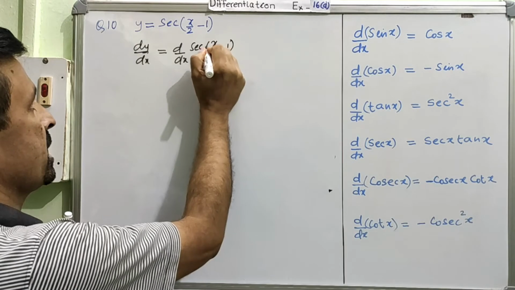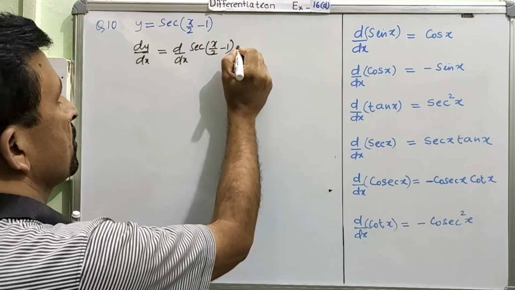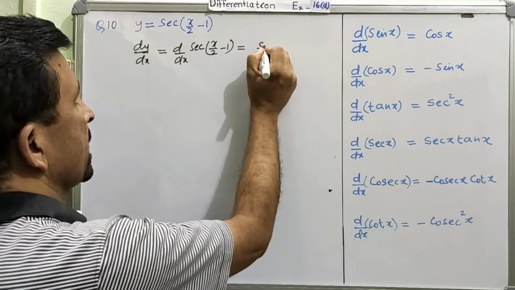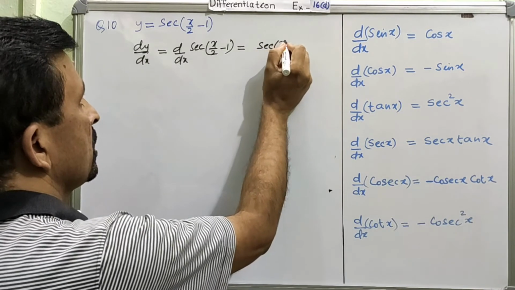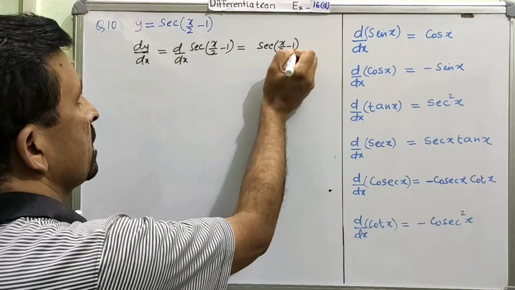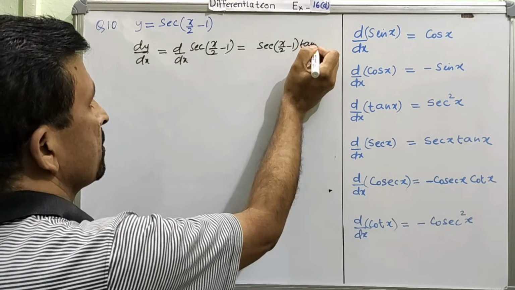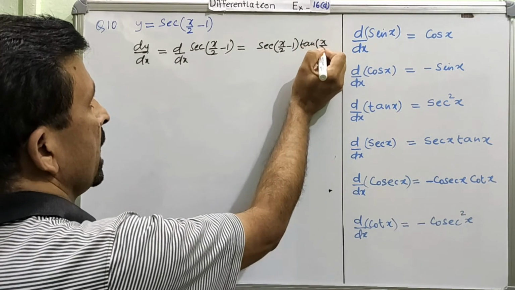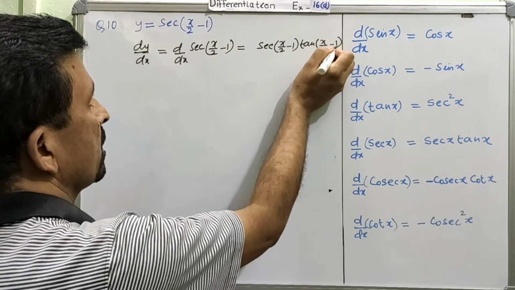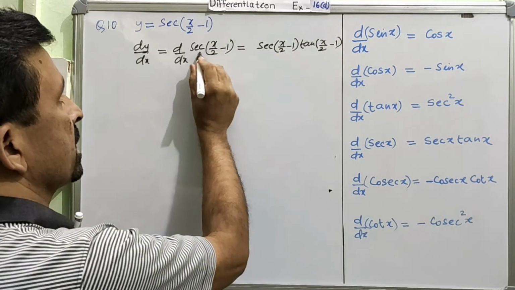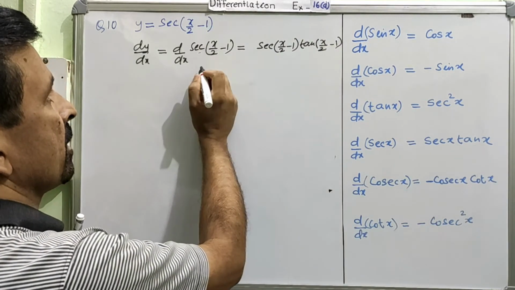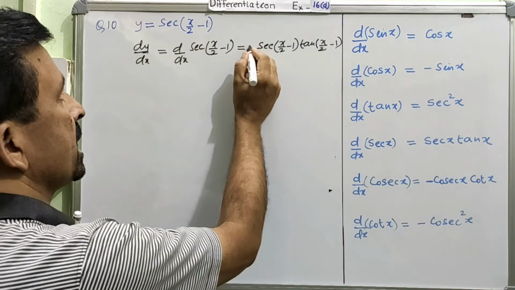Now the derivative of this will be sec x over 2 minus 1 into tan x over 2 minus 1. This is the derivative of the trigonometric term, and now the derivative of the angle, so it will be just half.